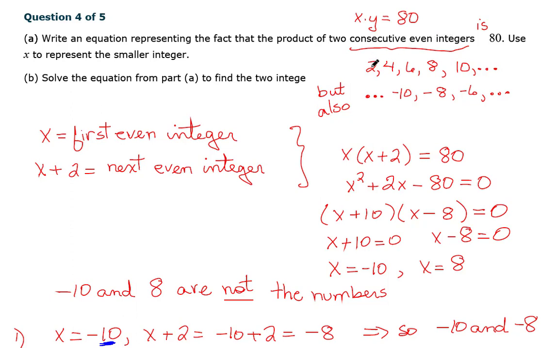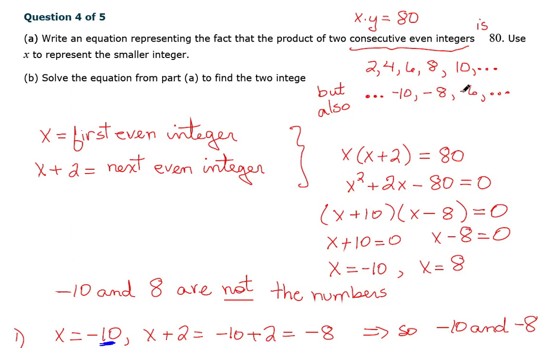Well, first off, even 2, 4, 6, 8, 10, and so on. Consecutive means here's the first, here's the second, here's the third, and so on. But since they put the word integers, I could have negative evens as well. Minus 10, minus 8, minus 6.